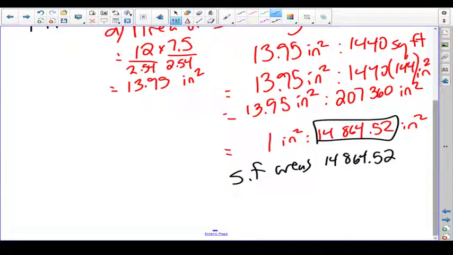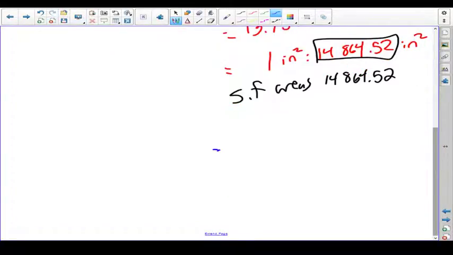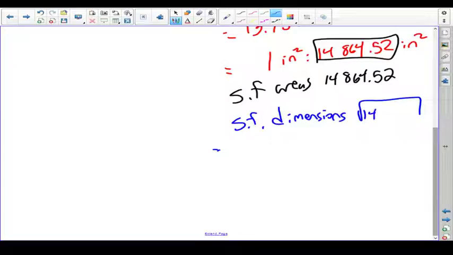So, well, that's good. Scale factor are the dimensions. That's really bad penmanship, even by my own low standards. The scale factor for the dimensions is the square root of 14,864.52.